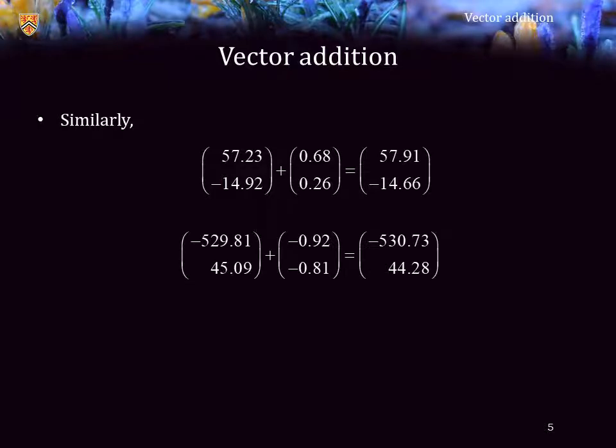Here we see that negative 529.81 plus negative 0.92 is negative 530.73, and 45.09 plus negative 0.81 is 44.28.